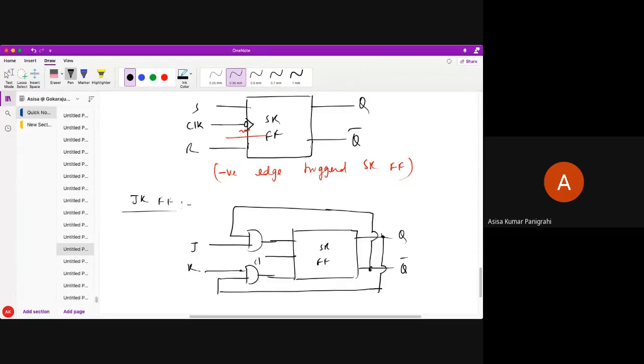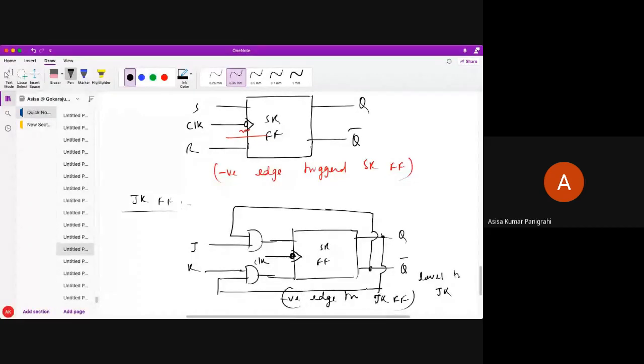This is called a level triggered JK flip-flop. If somebody asks you for positive edge trigger, just put this one, positive edge triggered. If somebody asks you for negative edge trigger, put a bubble there. This is called a negative edge triggered JK flip-flop. Understand or any doubt, students? This is the way you can design any type of JK flip-flop.